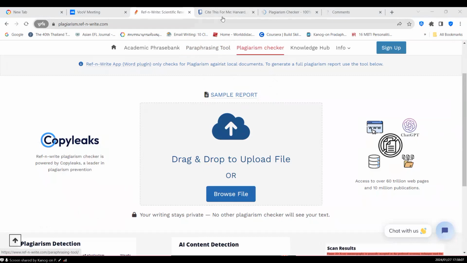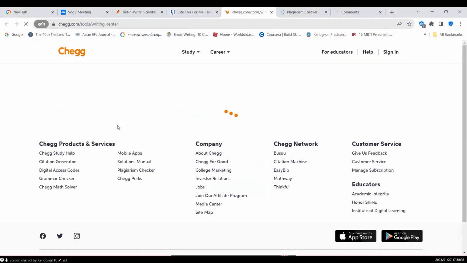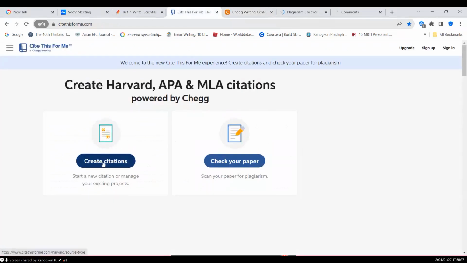Then the next one, I would like to mention the other website here. This website is about citation. For these citations, you might check your paper, drop your work here, and ask them to do the citation of your work, or you can create a citation here.